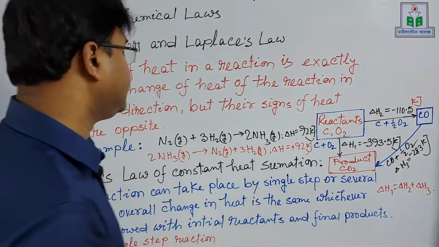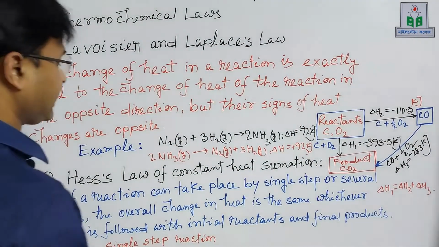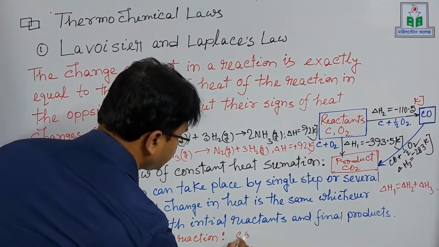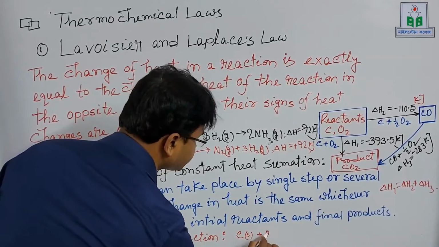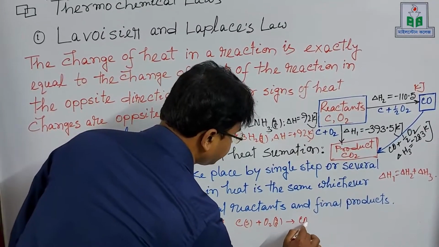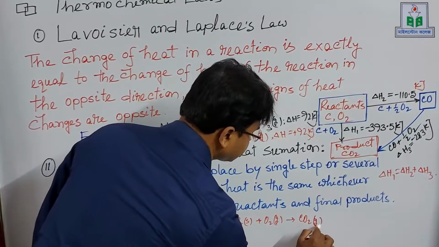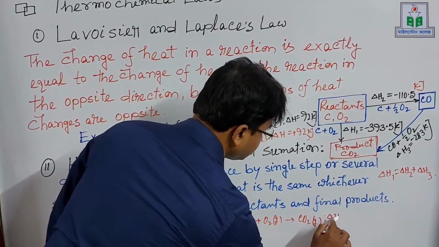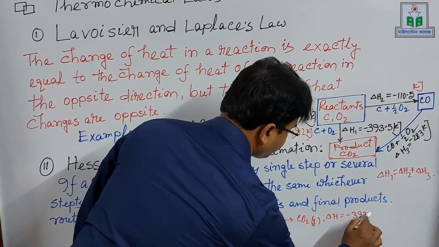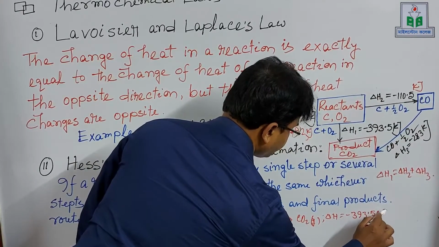Dear students, if I write this reaction directly, it will be like this: carbon solid plus atmospheric oxygen gas equals carbon dioxide gas. Here the delta H value is minus 393.5 kilojoule.